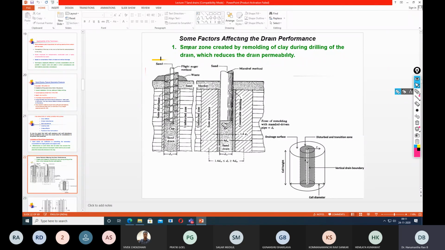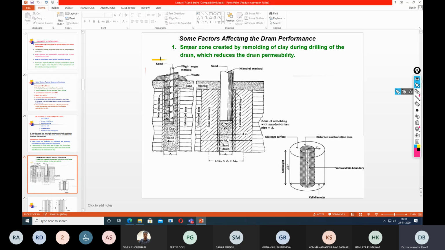Smearing means applying some kind of coating. When the mandrel is inserted into the ground, it causes some kind of disturbance to a small diameter, a small radius, here in this hatched portion. When there is a disturbance, it is obviously going to affect the permeability value as compared with the native clay soil.